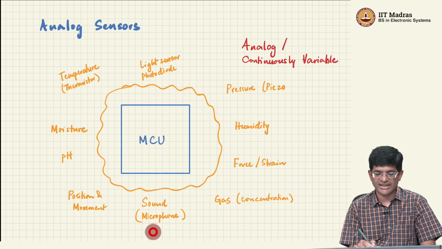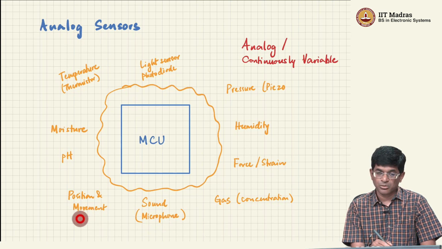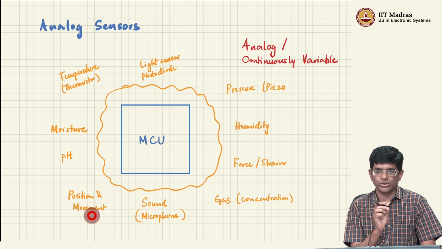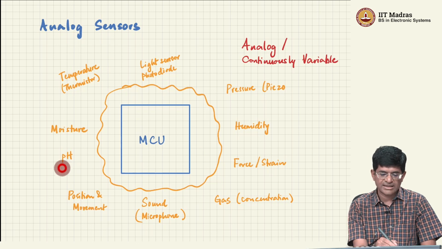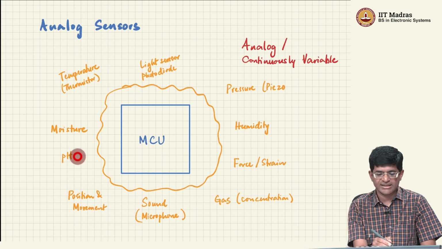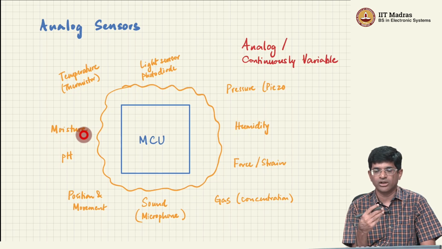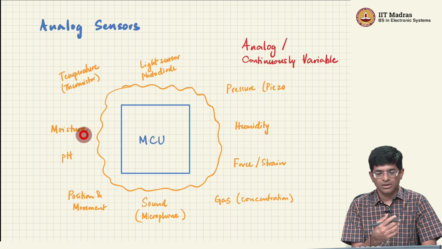But the signal itself is an analog signal. Position sensors, which look at how far you have moved in a particular direction, are usually also analog. Things like acidity sensors, pH sensors, moisture sensors, all kinds of things that you use in the context of agriculture, farming, soil management and so on, mostly deal with analog quantities.